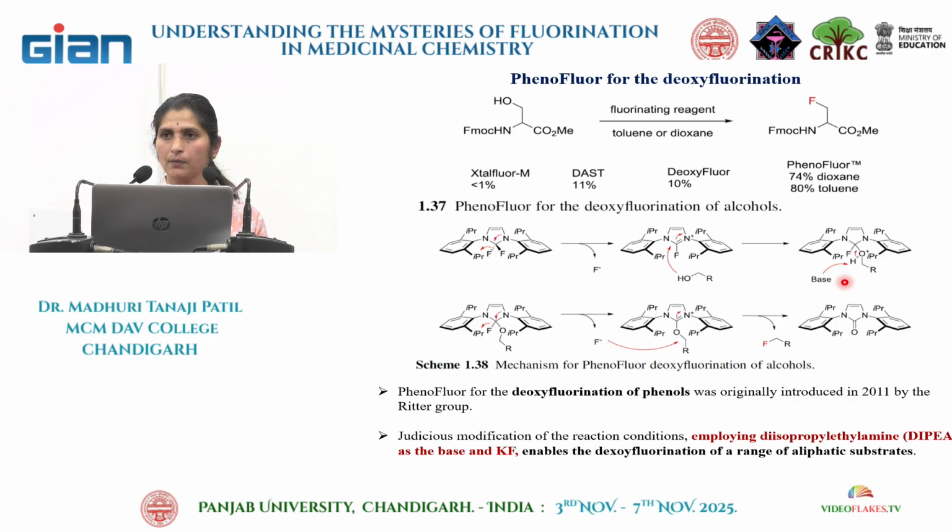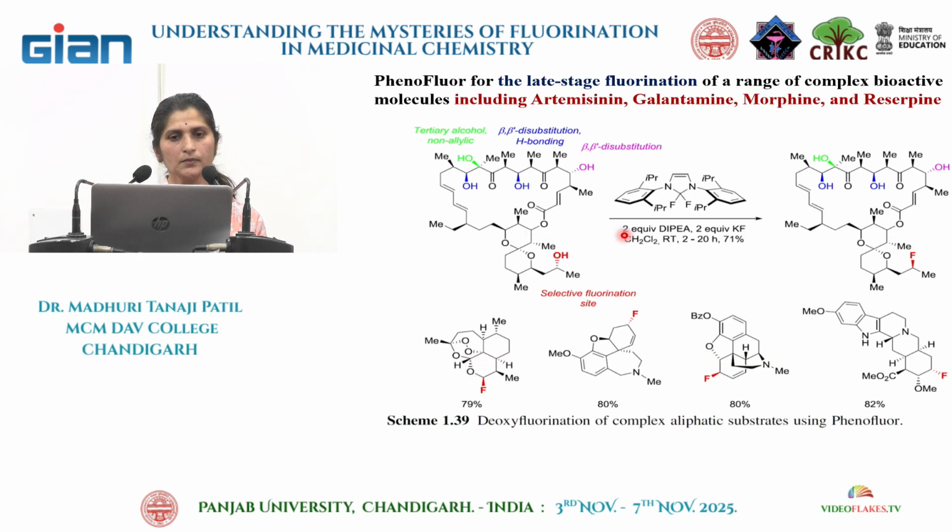You will get this kind of intermediate, then base will abstract this proton, and again this lone pair of nitrogen will come into the picture. There is formation of a carbon nitrogen double bond, F minus will get eliminated and attack in SN2 fashion, and you will now have alkyl fluoride. So you can use this for displacement of aromatic OH, and of aliphatic OH as well.